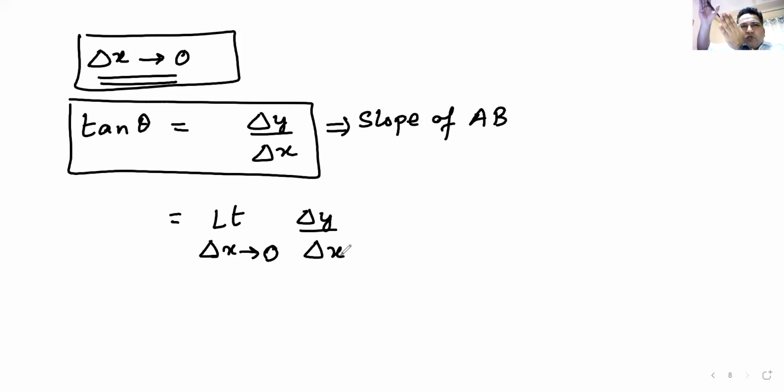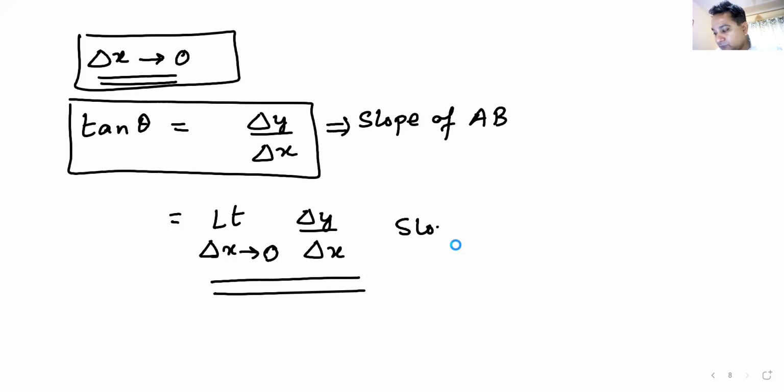When point Q becomes very, very close to point P, so close that P and Q almost become the same, what will this thing tell me? This will give me what? Slope of?